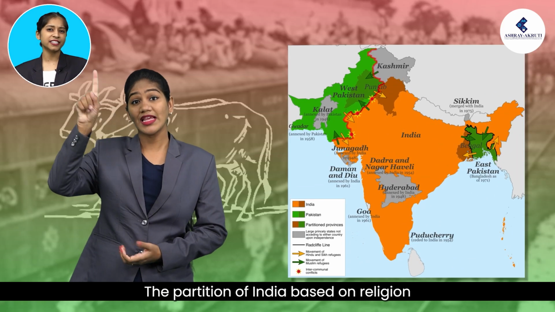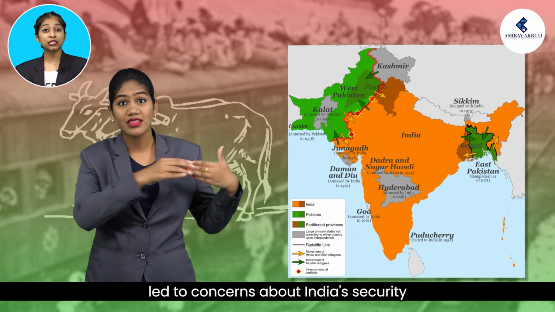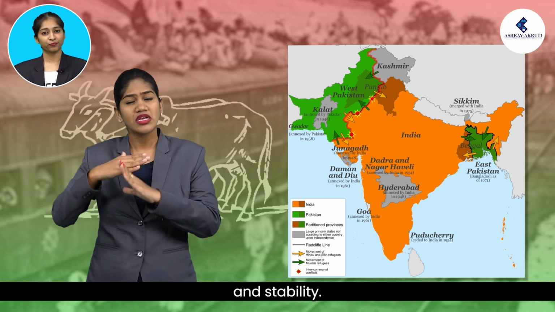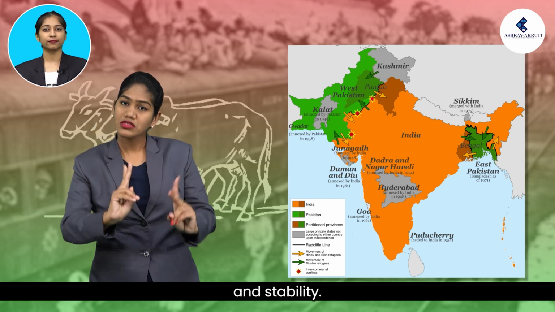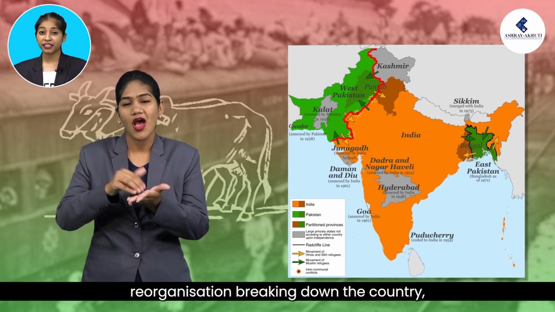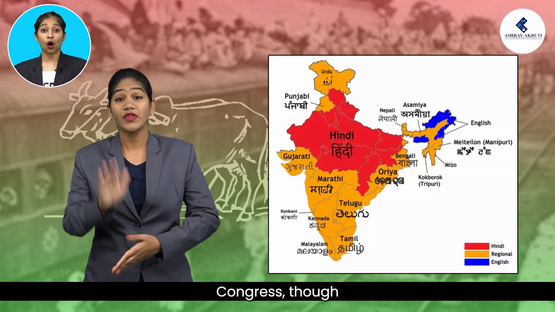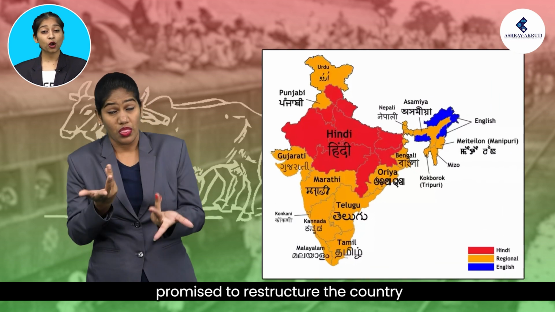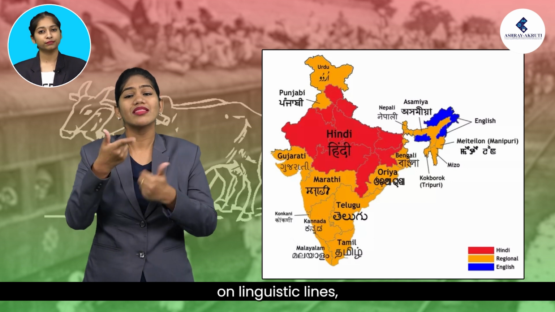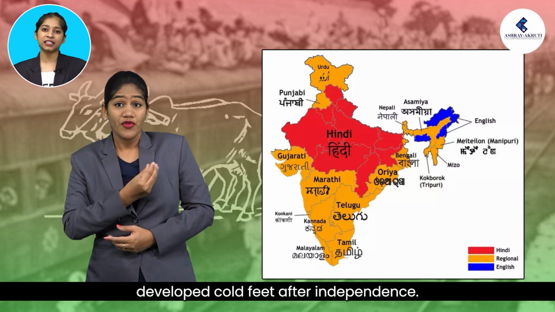The partition of India based on religion led to concerns about India's security and stability. Due to the fear of reorganization of languages breaking down the country, Congress, though it had promised to restructure the country on linguistic lines, developed cold feet after independence.